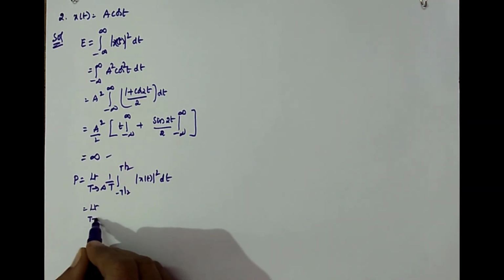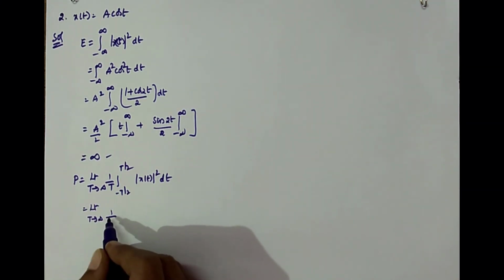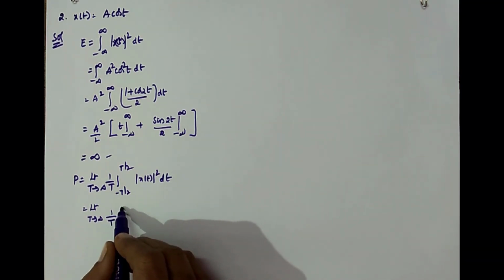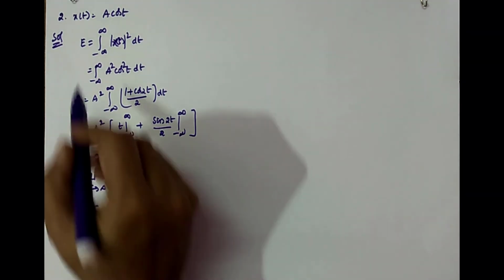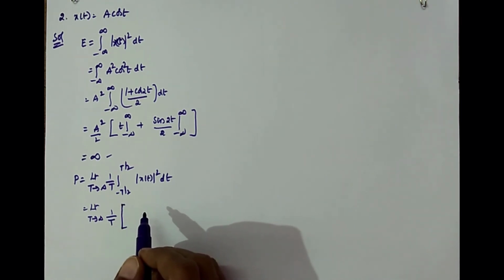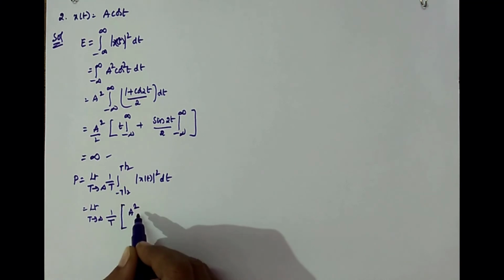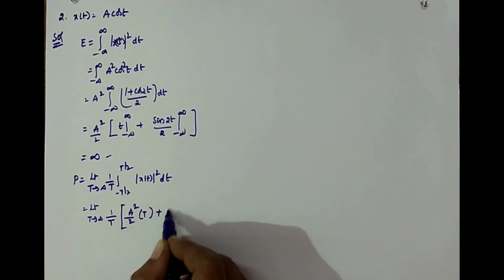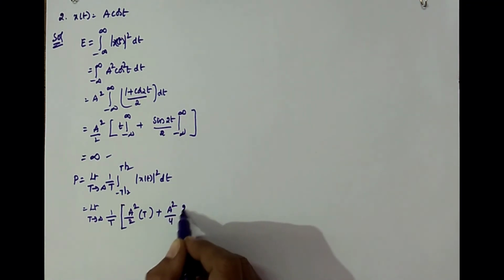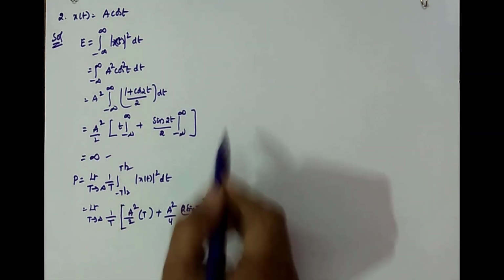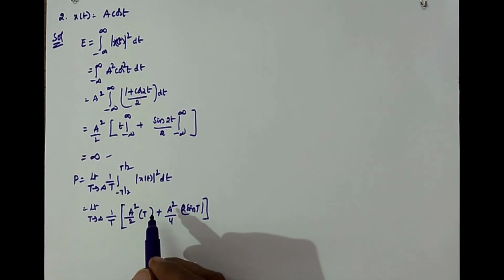It is limit t tends to infinite 1 by t, same if you substitute, I'll get a square by 2 into t plus a square by 4 2 sin t. Just you substitute your minus t by 2, t by 2.